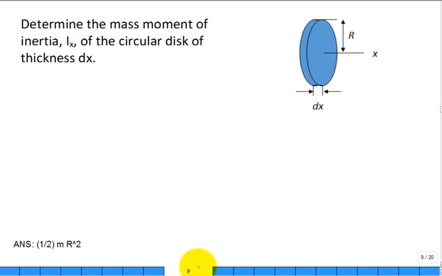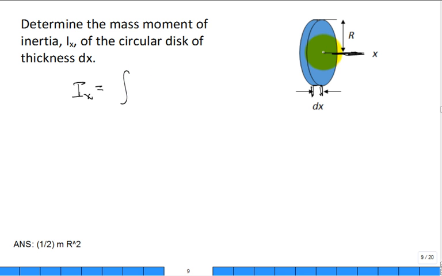All right, determine the mass moment of inertia, I sub x, of the circular disk of thickness dx. So this is our x-axis, and we have a little disk of thickness dx, and we want to calculate that I sub x. Okay, so what is that I sub x? Equal to the integral of some distance.